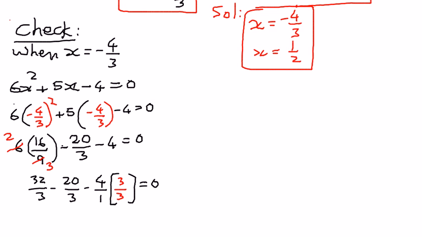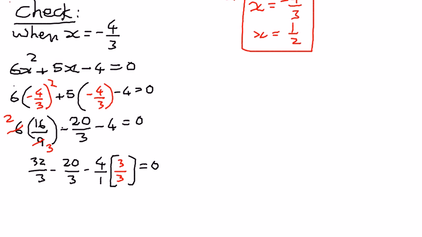So in here, when we look at this expression, the common denominator is 3, and therefore I have 32 minus 30 minus 12 is equal to 0.